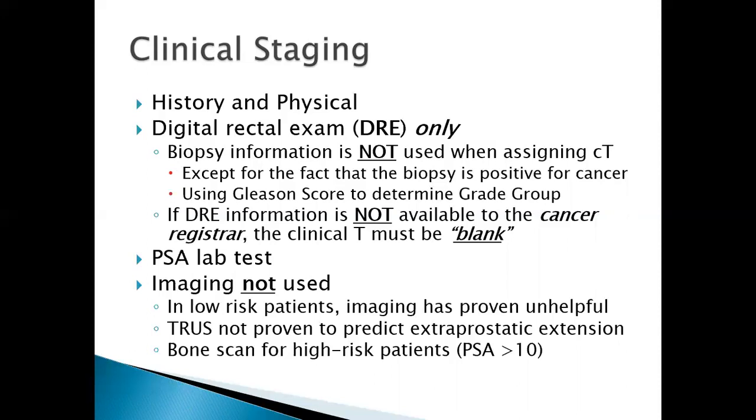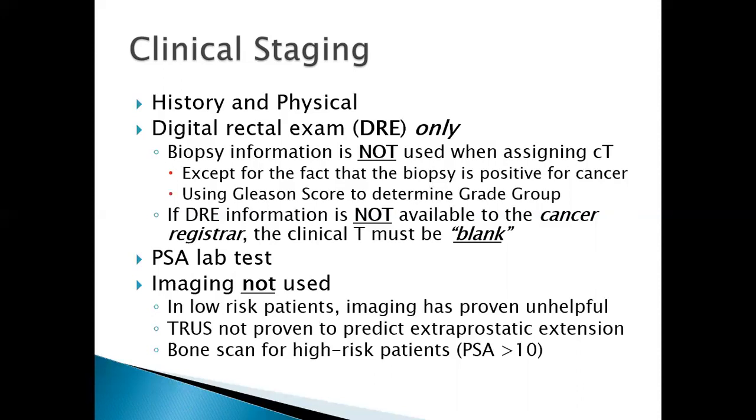So the DRE is the primary clinical assessment used to assign the prostate clinical stage. Basically, it's the only information that we really use to assign the clinical T, okay?